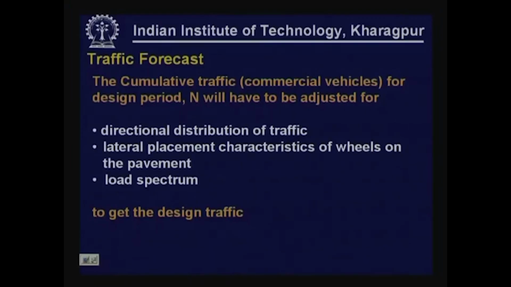The cumulative traffic, which is in terms of commercial vehicles for design period N, will have to be adjusted for the directional distribution of traffic. Normally the parameter A is projected as a total two-way traffic. We are not going to be making projections for each lane, for each direction. Normally what we get is the total two-way volume projected.